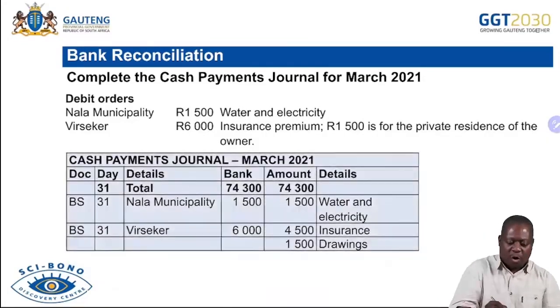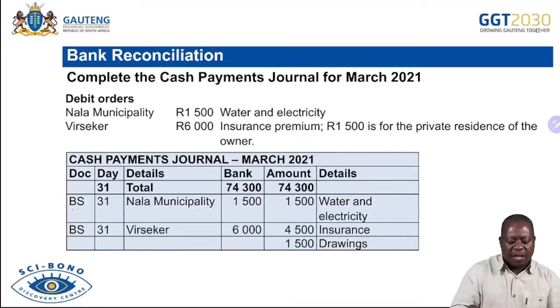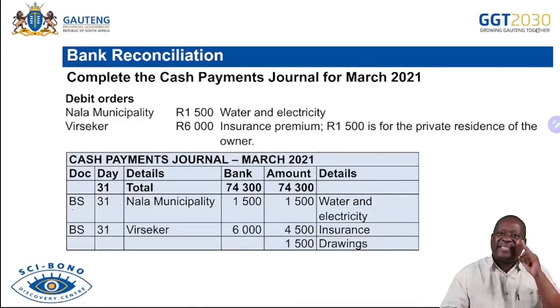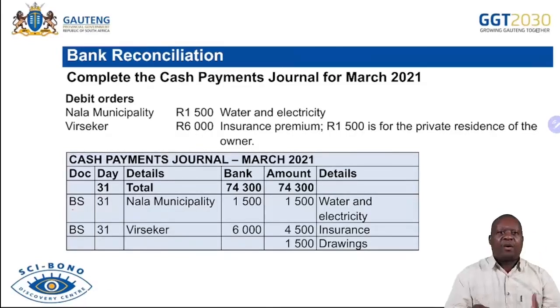We are going to record the source document, the bank statement, the date 31. Nala Municipality is the name of the organization that we are paying. And we are paying 1,500, and what for? Water and electricity. The last detail is why are we paying this money?